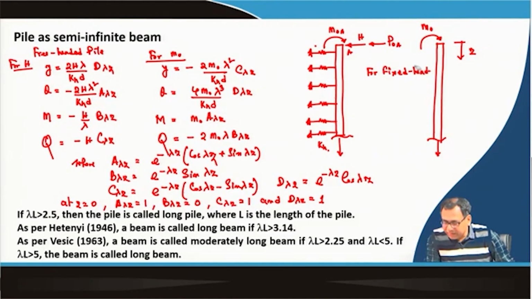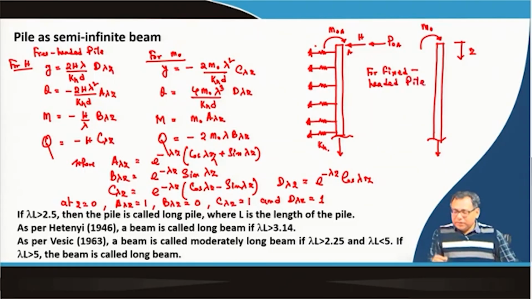Again, the net slope at z equal to 0 will be 0. That slope will be due to the h and due to the M0, because this M0 is the moment due to the fixity of the fixed end. So, net slope will be 0.